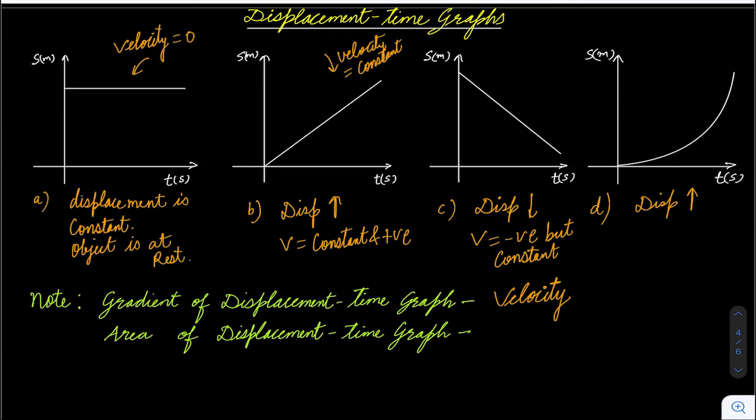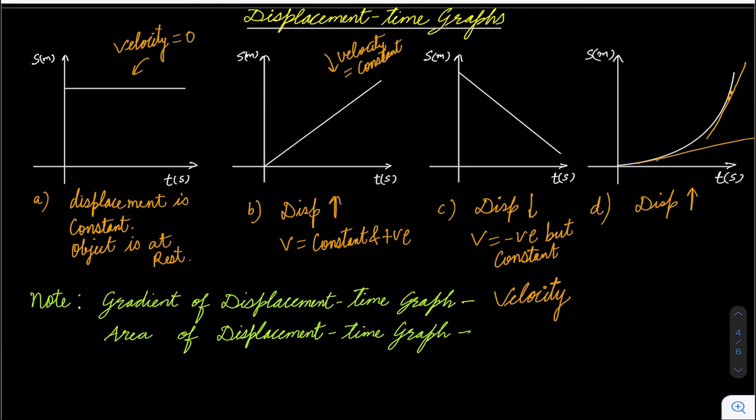What's happening in D? Mostly they will ask you questions on A, B, C, but let's discuss D also. As we discussed in velocity time graphs, if you take a tangent here and another tangent here, the gradient of the tangent is basically the gradient of the curve. That's why I'm drawing tangents.